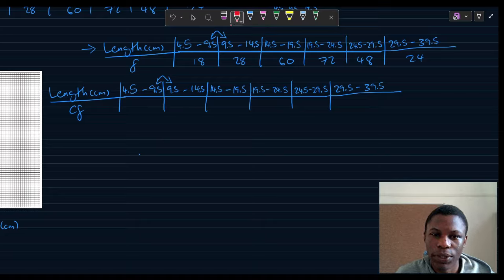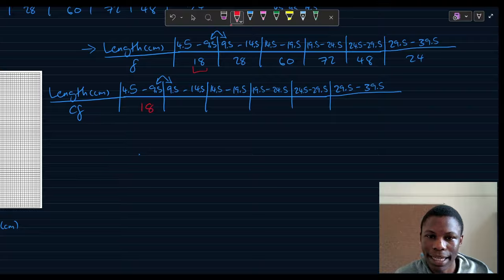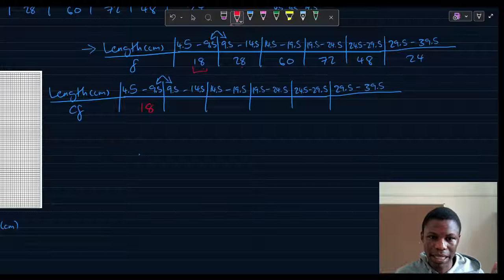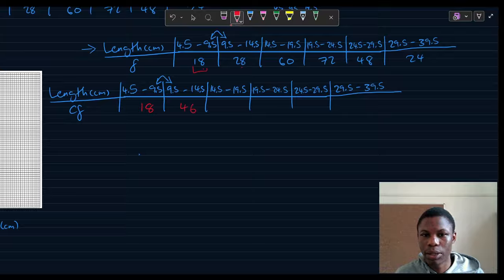So for the first class, the cumulative frequency is 18. For the second class, it's 18 plus 28 because it's the sum up to and including. 18 plus 28, that's 30 plus 16, so 46. And then here it becomes this 46 because that's the sum of the first two classes plus the 60. So that's 106.